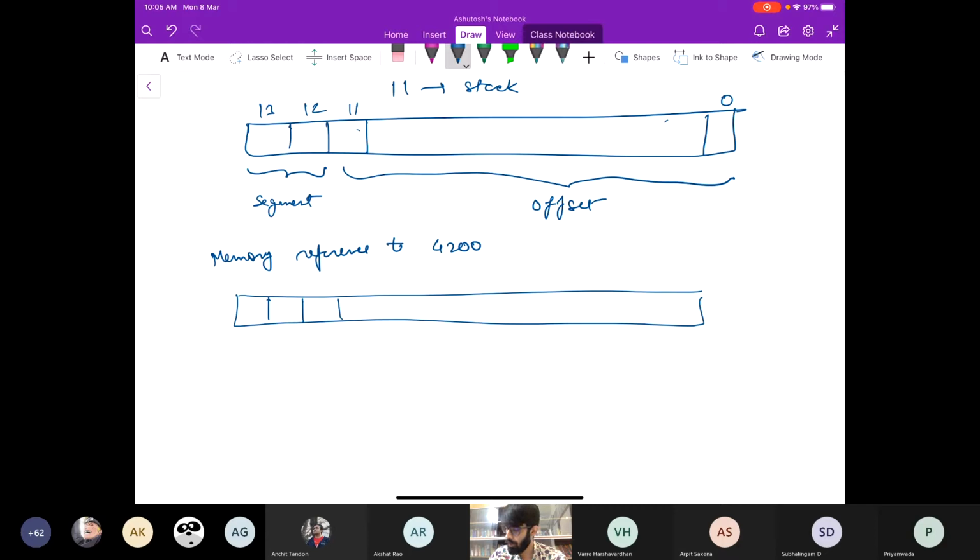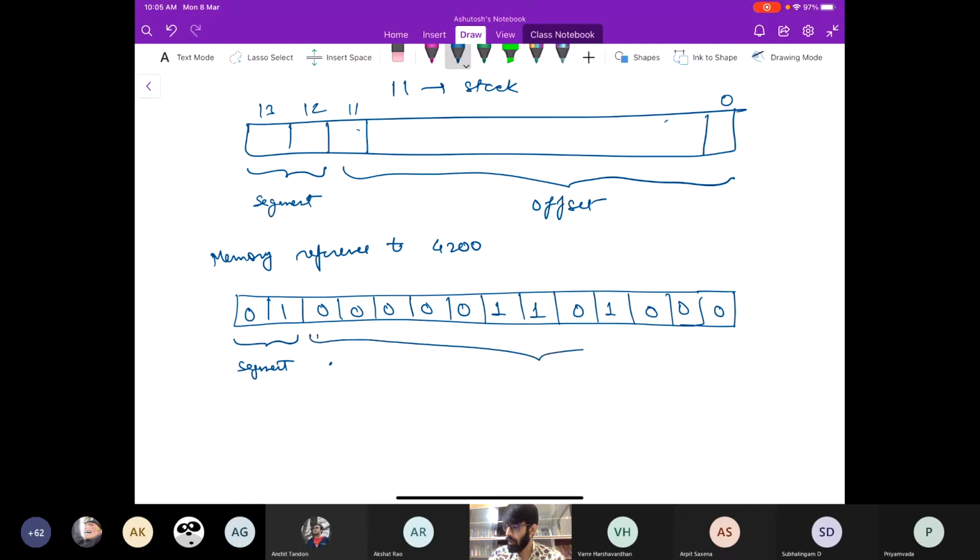Okay, let me make first 14 bits. 0, 1, 2, 3, 4, 5, 6, 7, 8, 9, 10, 11, 12, 13. Okay, good. So it's going to be 0, 1, zeros, then 1, 1, 0, 1. So as I said, this is going to be the segment, and this is going to be the offset.